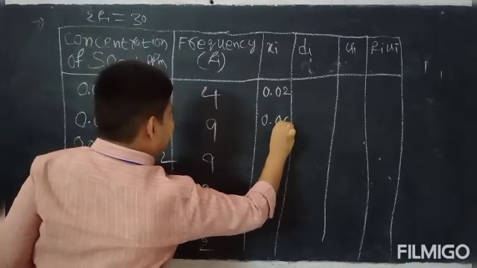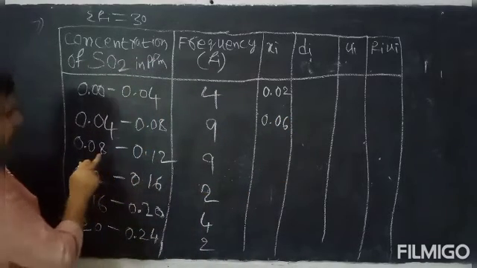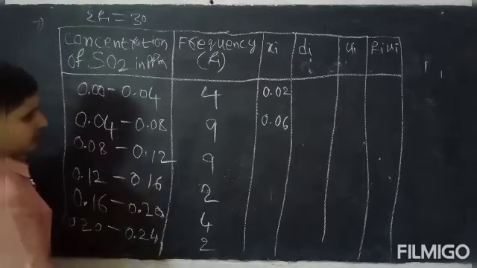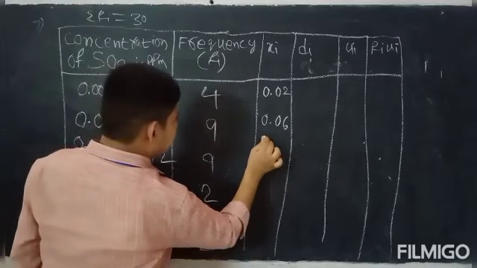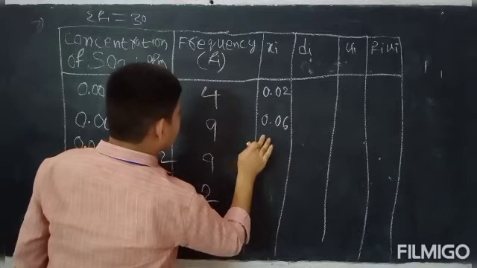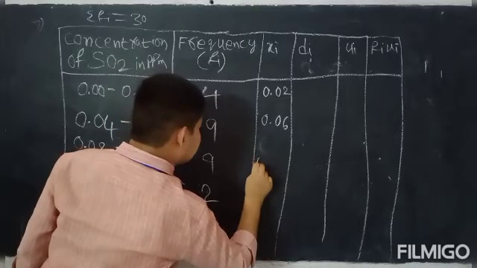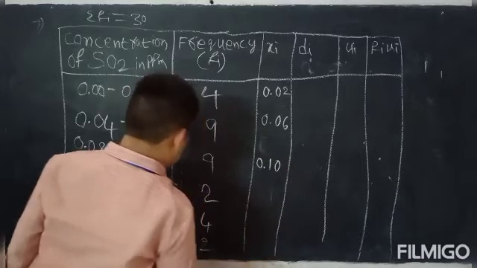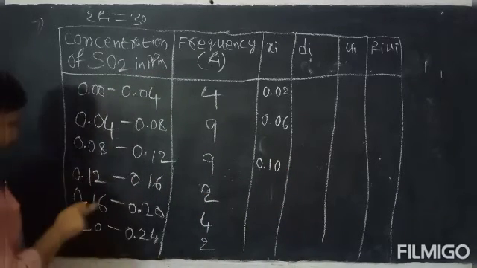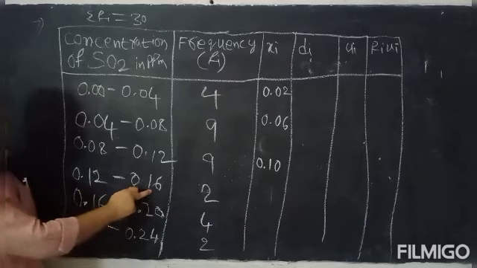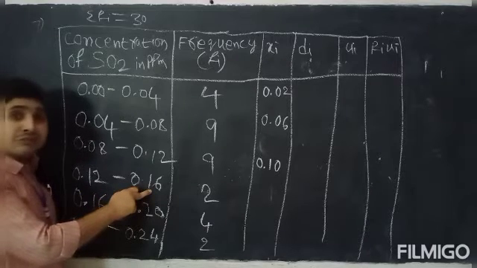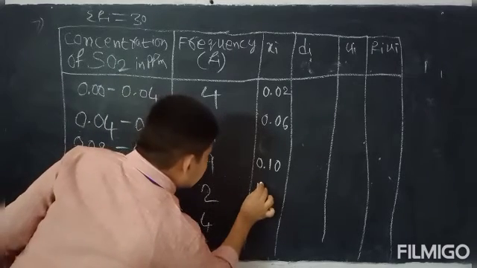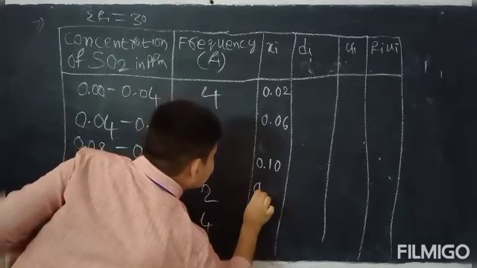Okay? Next, 8 plus 12, 20. 0.20 by 2, so 0.10. Okay? Now 0.12 plus 0.16, 0.28. 0.28 by 2, 0.14.